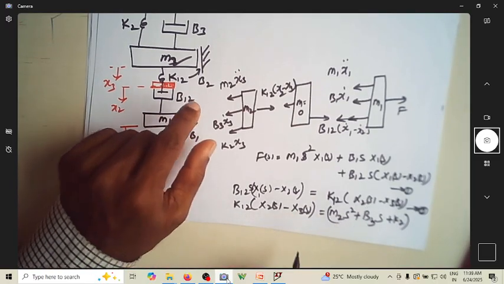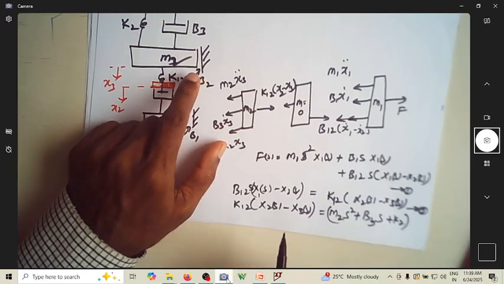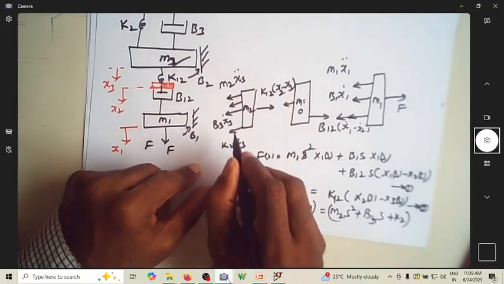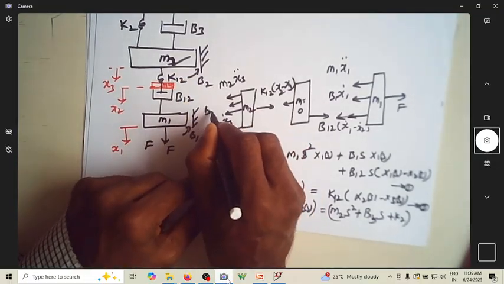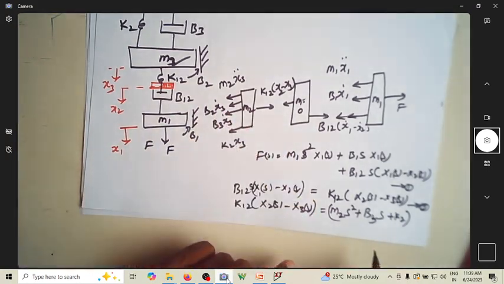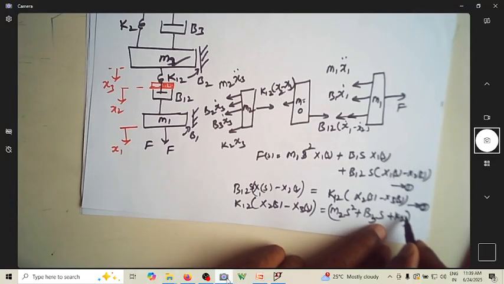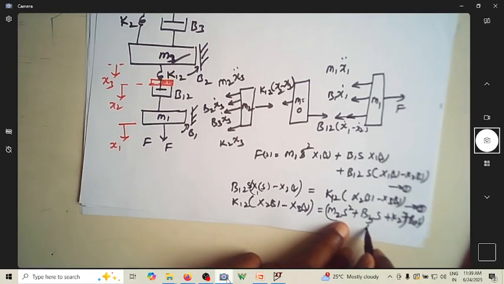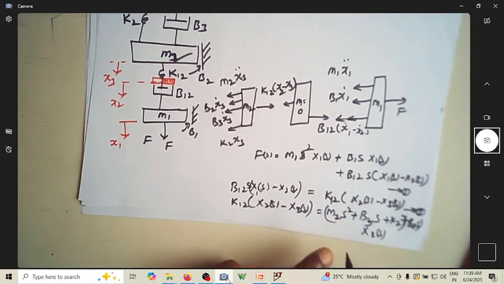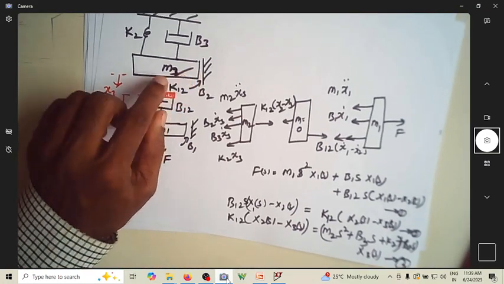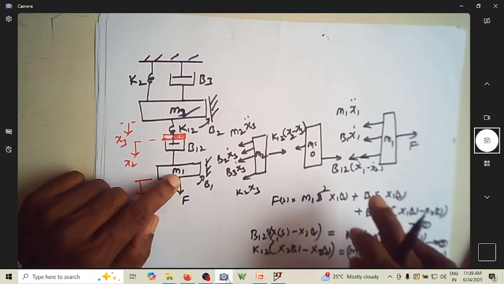I think I didn't write this B2. Did I write B2? So let me write B2 also. This is B2 x3 dot. So this is B3 s also into x3 of s. Correct?